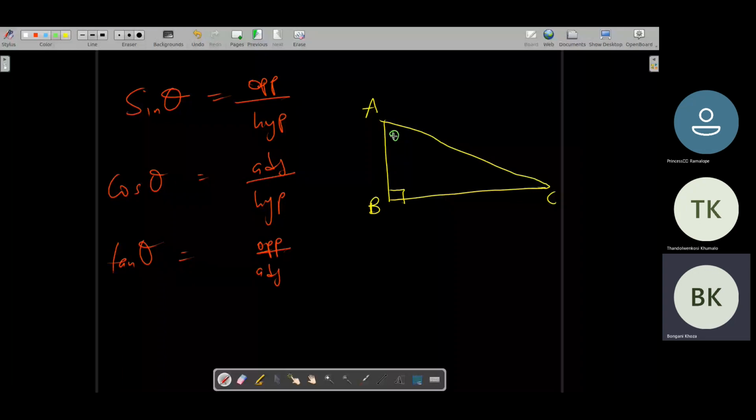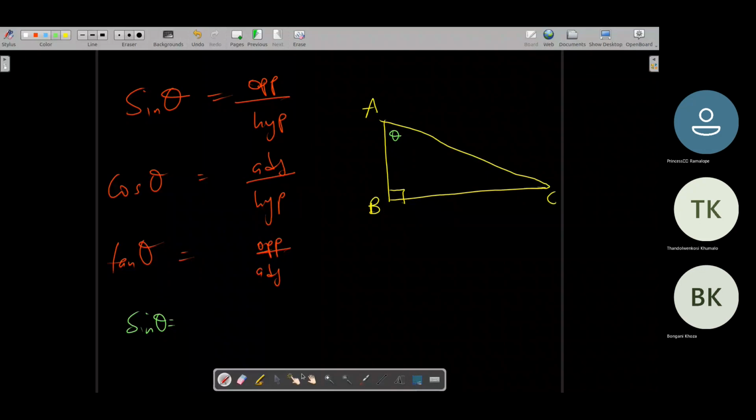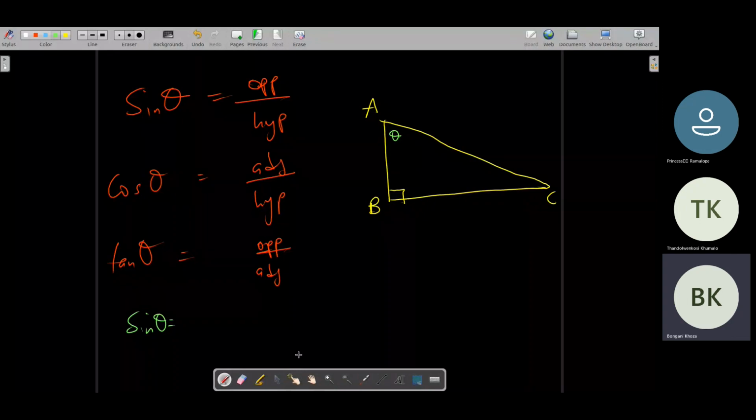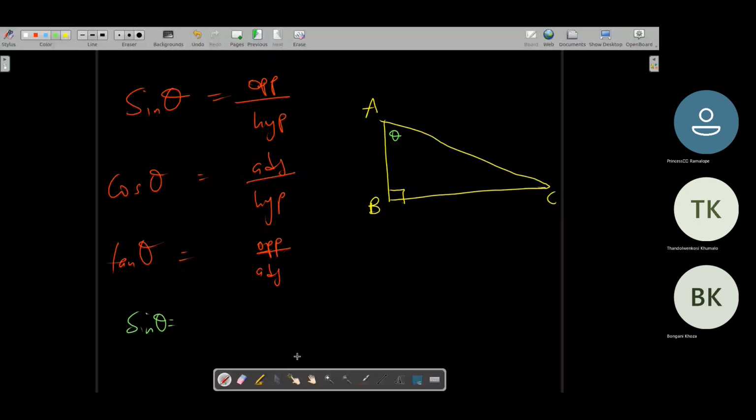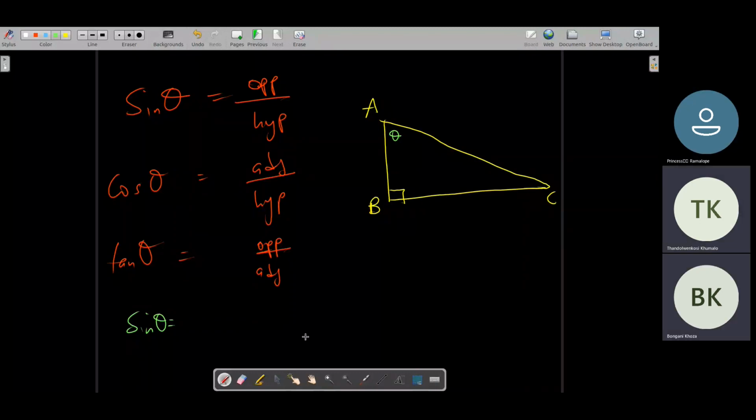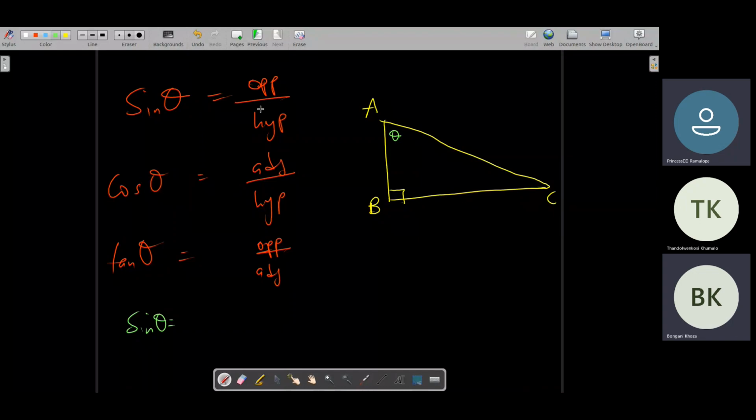and we are supposed to find sine theta. Remember, sine is opposite over hypotenuse. So the opposite of this angle is which side? Remember, we said sine is opposite over hypotenuse.